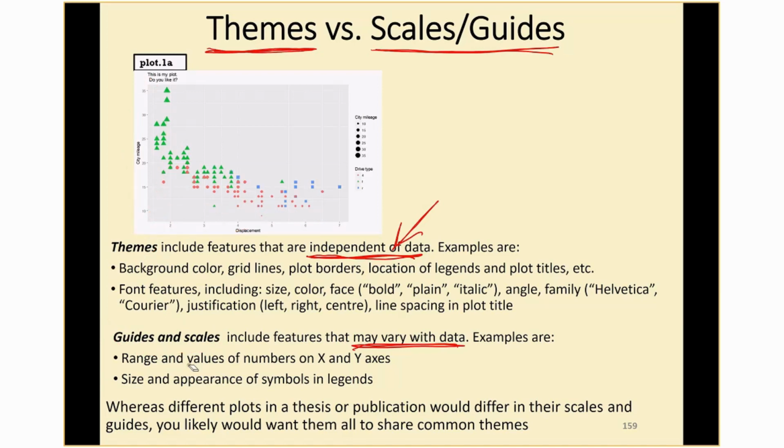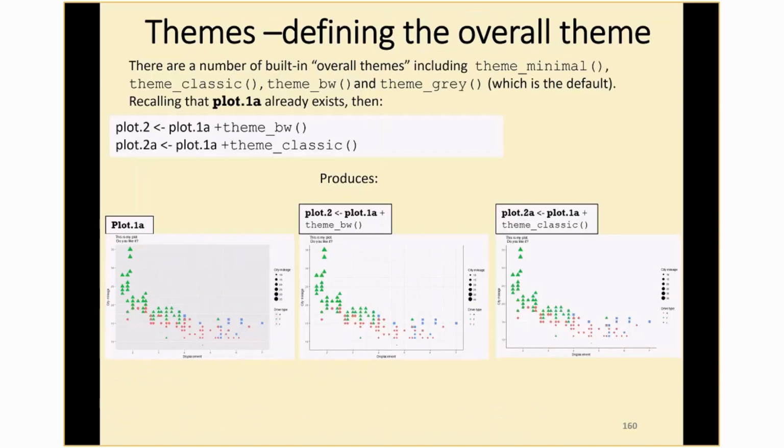Why is all this stuff important? Why this stuff is important is that the guides and scales are going to differ from one plot in your thesis to another plot in your thesis. On the other hand, you would want the thematic components of your plots to be the same for all of the plots in your thesis. So that's why we make this distinction.